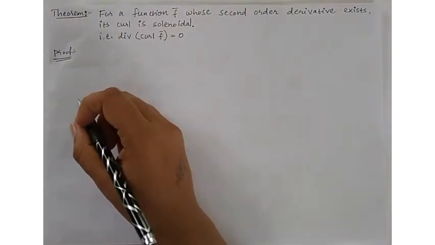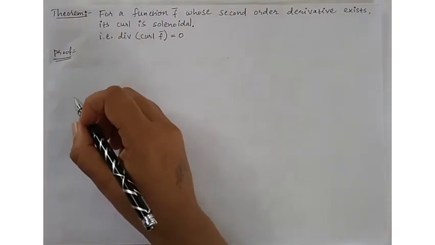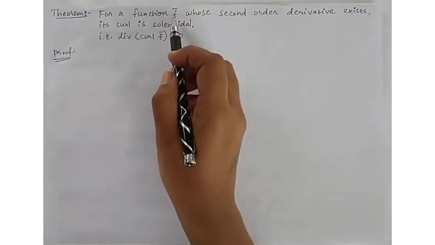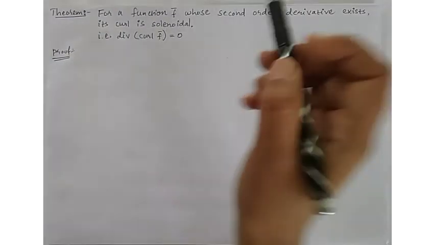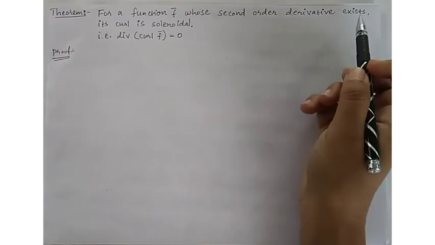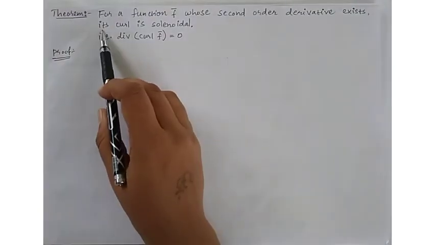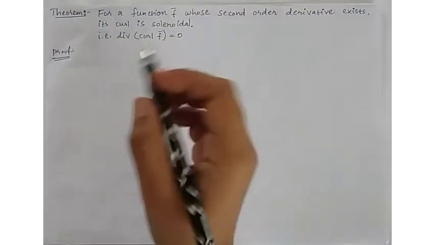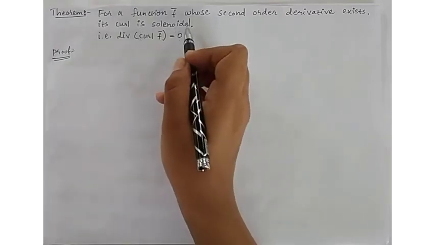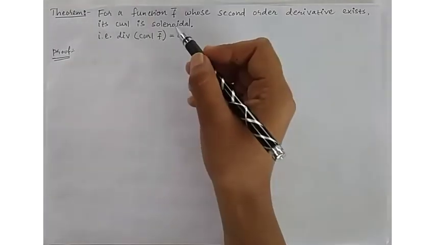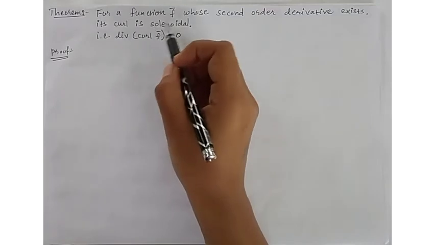Next is a theorem. The statement of the theorem is: for a vector function f bar whose second order derivative exists, we have to prove that curl f bar is solenoidal. So what do we mean by curl f bar is solenoidal?